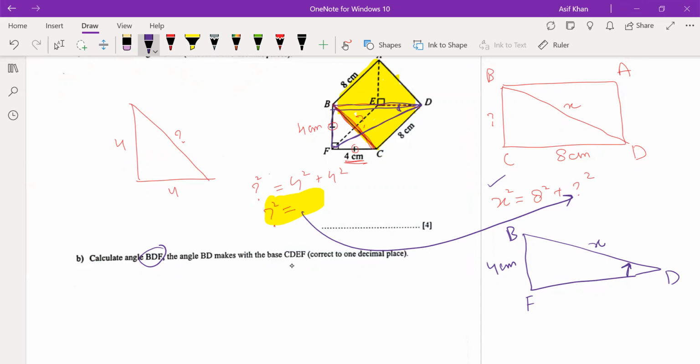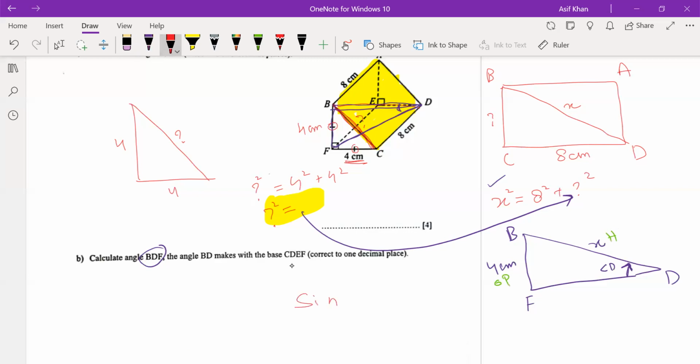So if we talk about this angle, I call this angle, let's suppose, angle D. So what is the name of this side? This side is opposite, this side is hypotenuse. So opposite and hypotenuse will come in which formula? Sine.